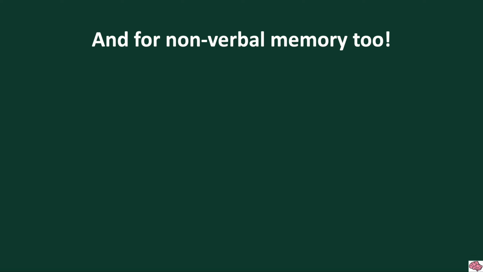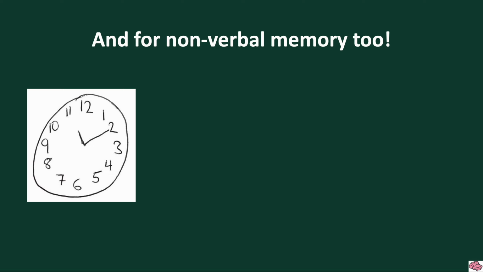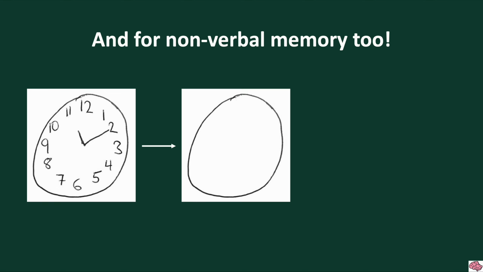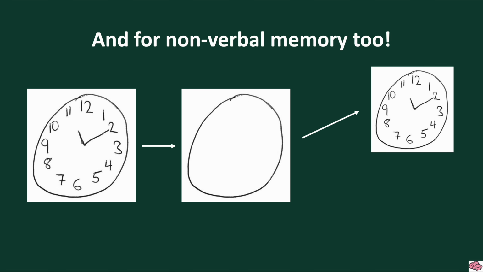So for example, if they drew a clock, we'd ask, what did you draw earlier? And if they weren't sure, what we could then do is give them a cue by drawing a circle. If they then saw the circle and immediately said, oh, that's right, it was a clock, or better yet, went on to just draw the clock, then that would represent a retrieval pattern for non-verbal information.